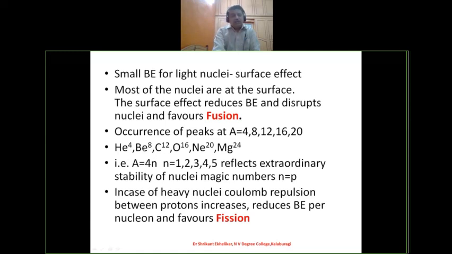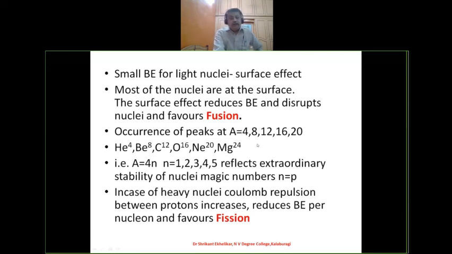These are the mass numbers, protons plus neutrons. For all these, helium 4, beryllium 8, carbon 12, oxygen 16, neon 20, magnesium 24, the proton number and neutron number are the same, which is symmetry. So it speaks about the high stability of these nuclei. These nuclei are highly stable, and the symmetry is reflected in these peaks.